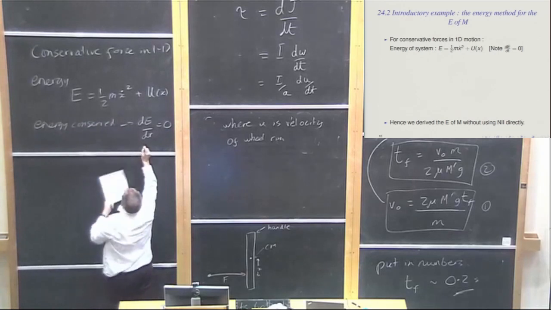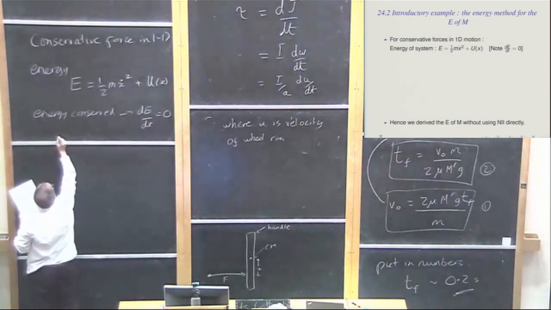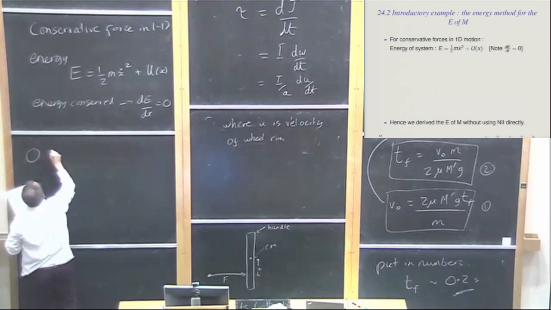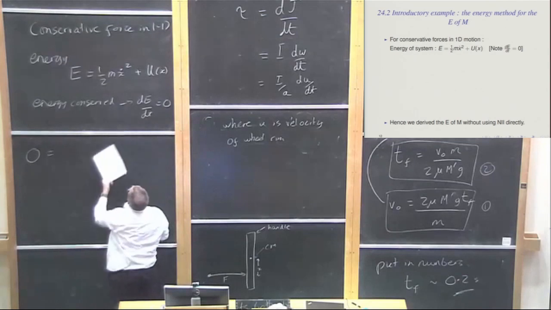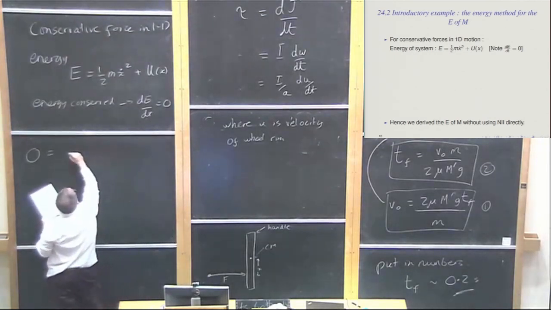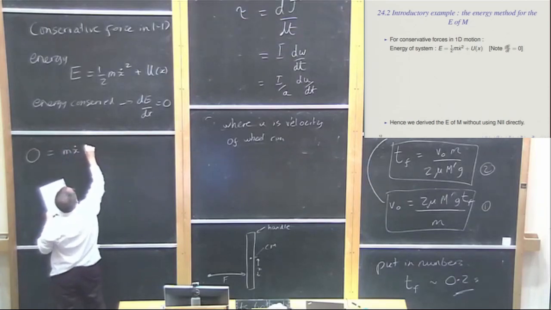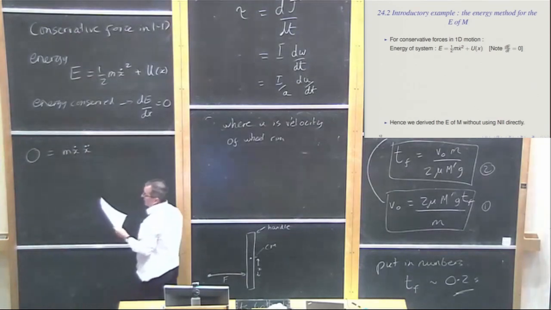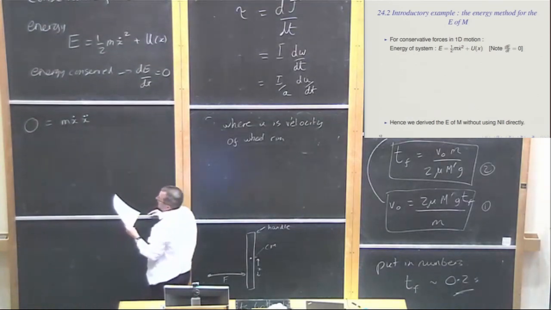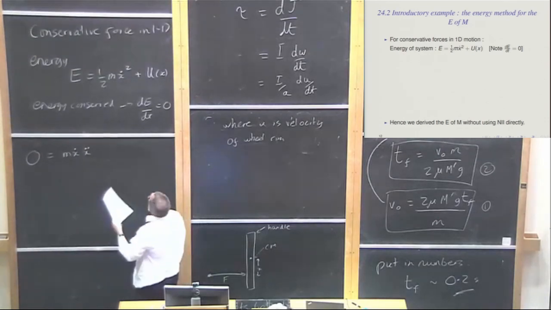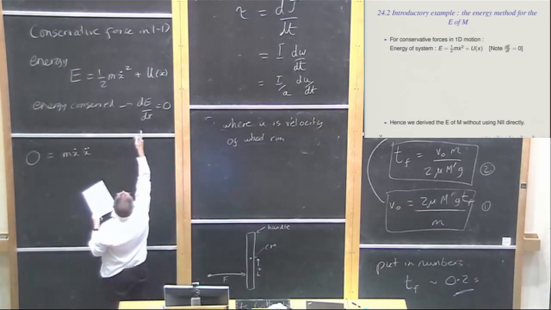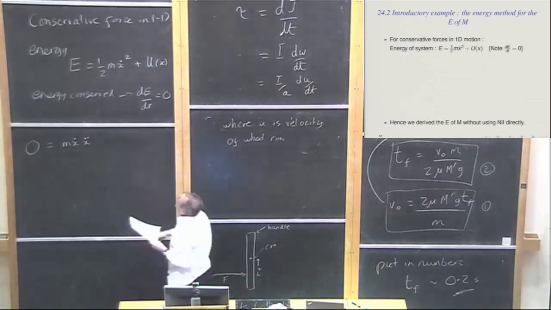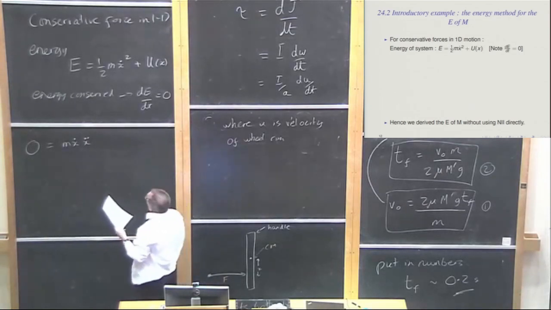So let's therefore differentiate this with respect to time. On the left-hand side, we're going to get 0 because E is a constant. Then, differentiating that first term, we're going to get m x dot followed by an x double dot. I hope you agree. And then the potential, in general I've written here just as a function of x, but it could depend on other things.